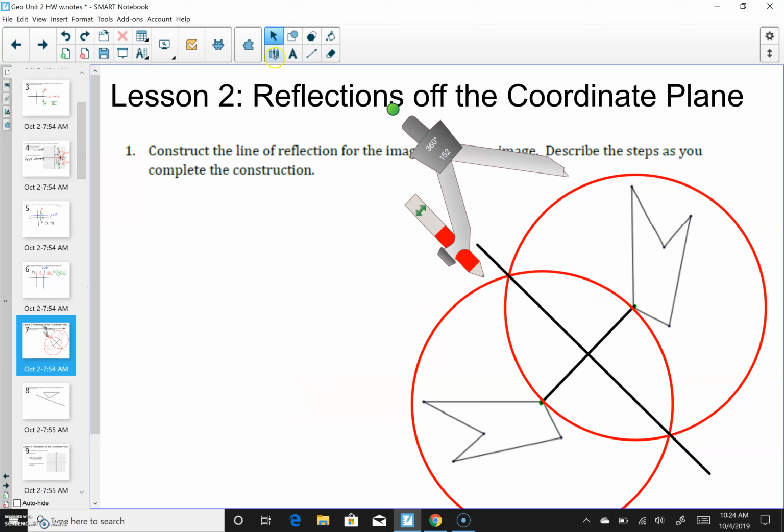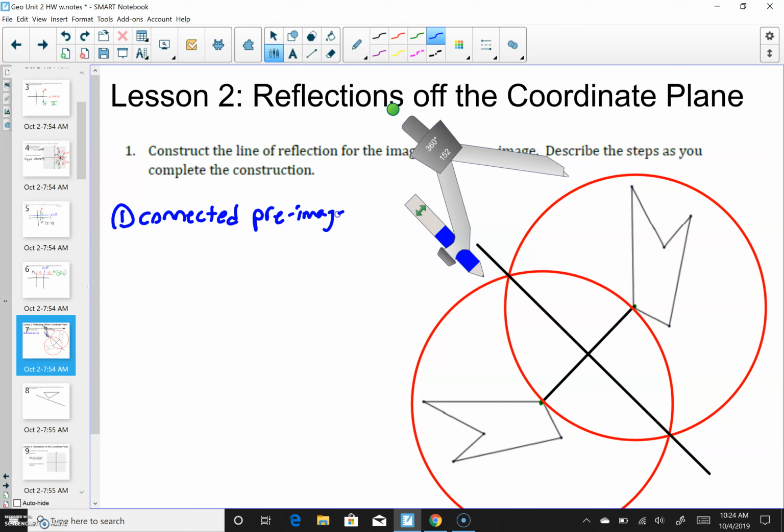If we want to describe what we did here, well, the first thing we did was we connected pre-image point to its image.